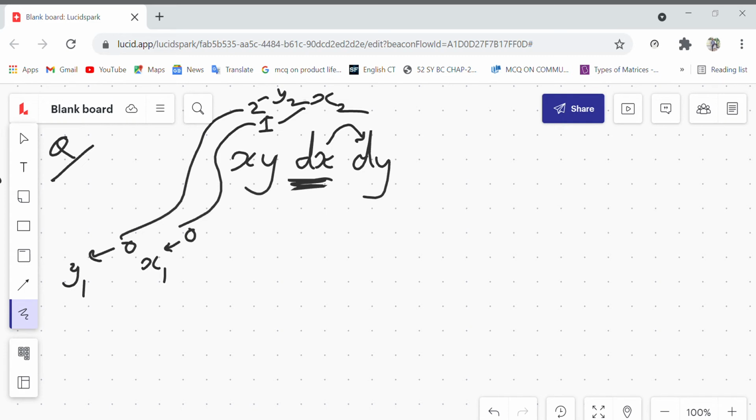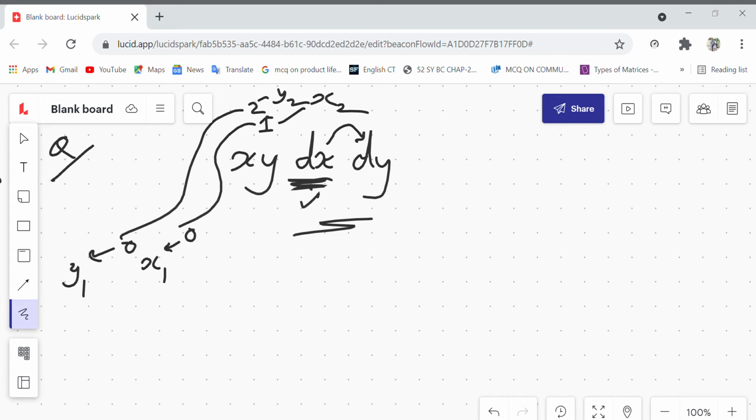Done. This is the question basically. As dx is first over here, take this as x1 and this as x2. Then after dx, dy is there. So take this as y1 and this is y2.